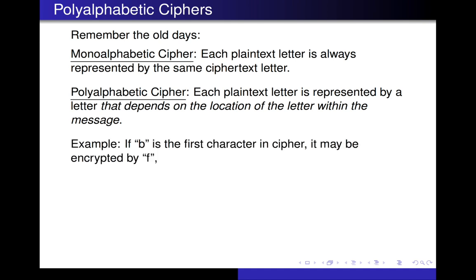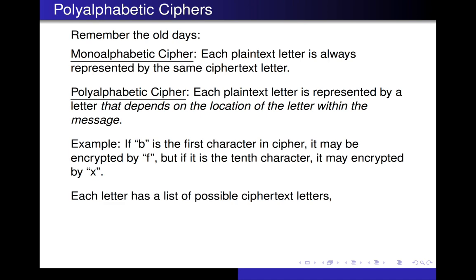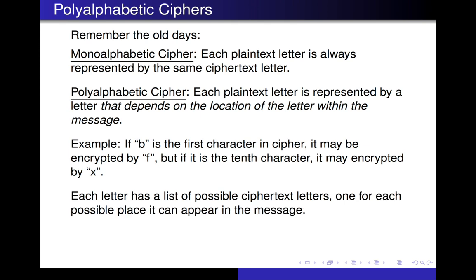So for example, if B is the first character in your message, it may be encrypted by F when it's the first character, but if it's the 10th character, it may be encrypted by X, something else. Okay? So what happens is with your key, each letter has potentially a list of possible ciphertext letters, one for each possible place it can appear in the message.